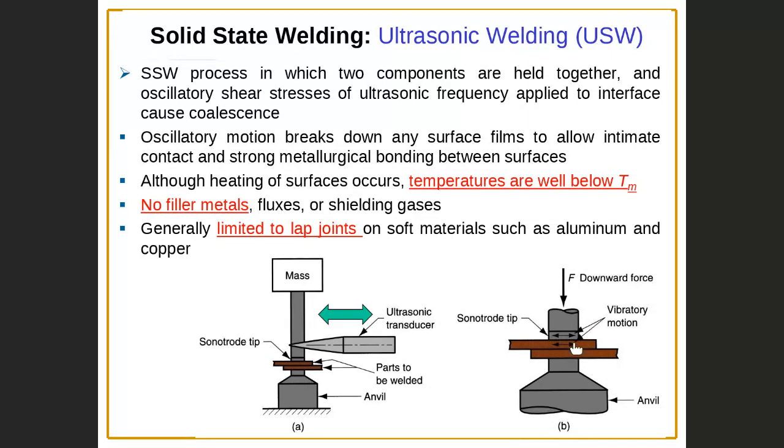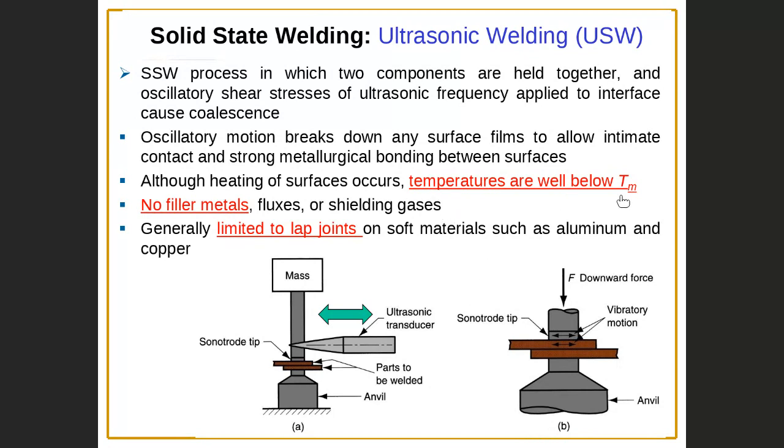It can make 20,000 cycles per second. So it is very fast, rubbing the surface. These two surfaces will rub together quickly, then the temperature increases. Then we can weld these two parts together, as we show you in the video.